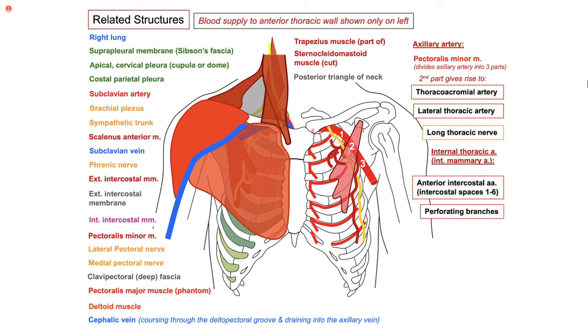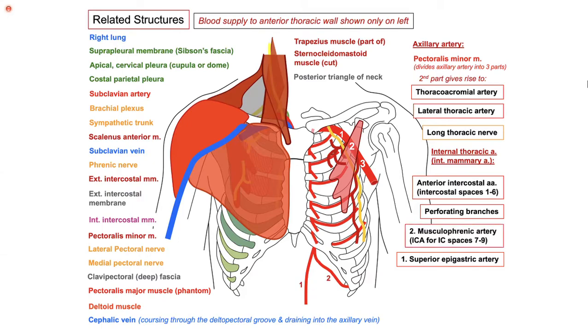These are the perforating branches because they perforate the muscles and go under the skin. They don't perforate the skin, be reminded. So below the 6th, in the 7th space, it divides into the superior epigastric artery and one which is going laterally, the musculophrenic artery. Right? It is responsible to give the anterior intercostal arteries from space number 7 to space number 9.